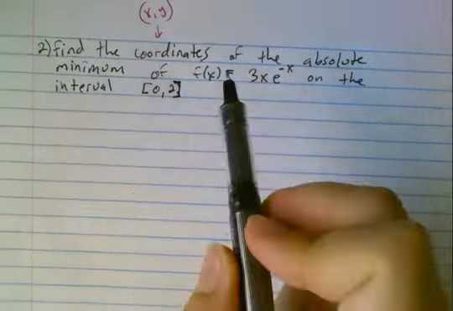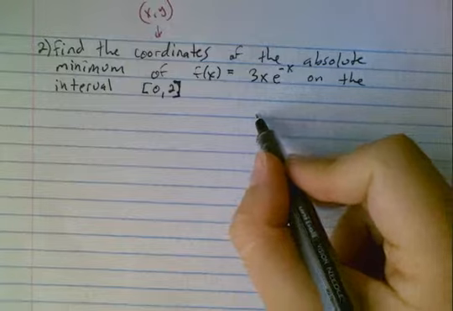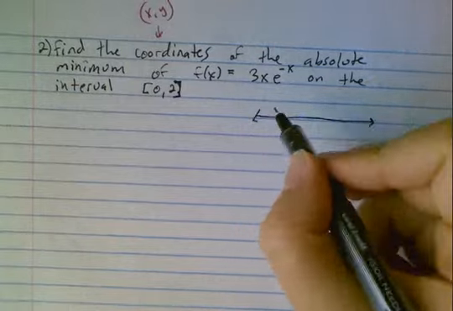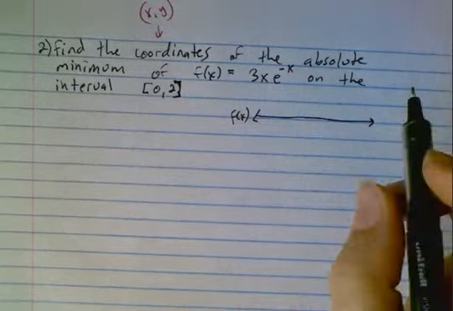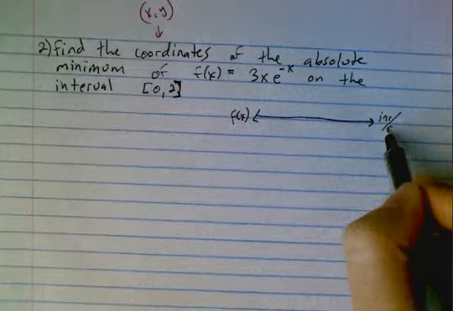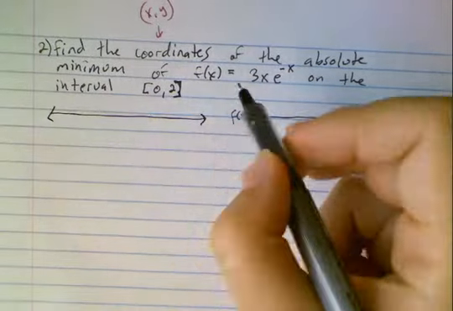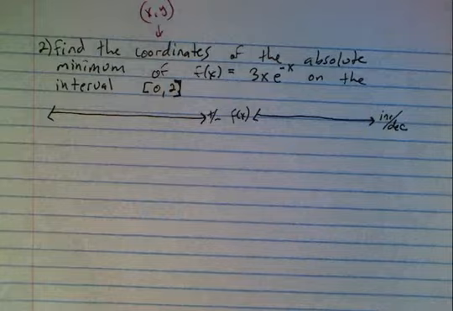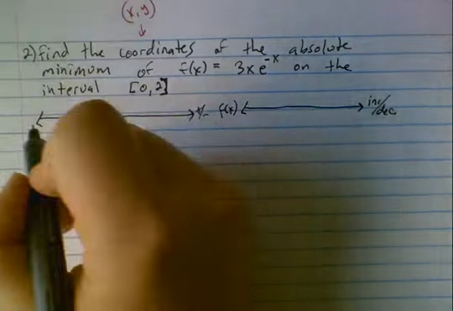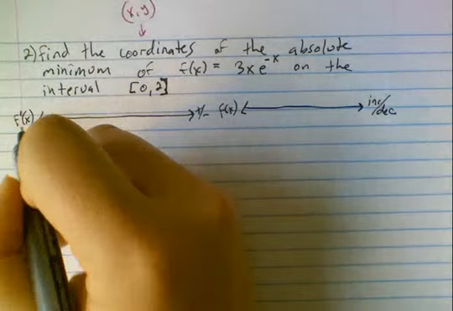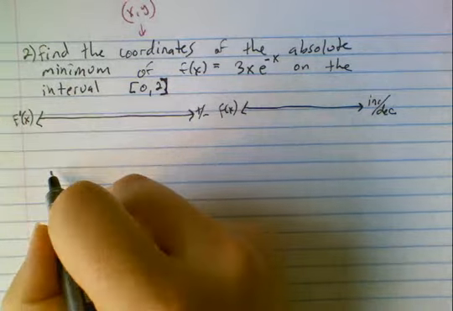Okay, minimum f of x. That means it's an increasing, decreasing line. Working with equations, we translate that to plus minus, and the translation is f prime of x. So that means we need f prime.